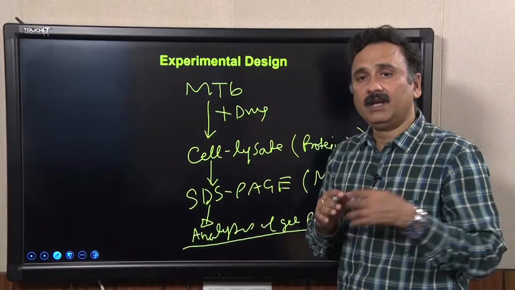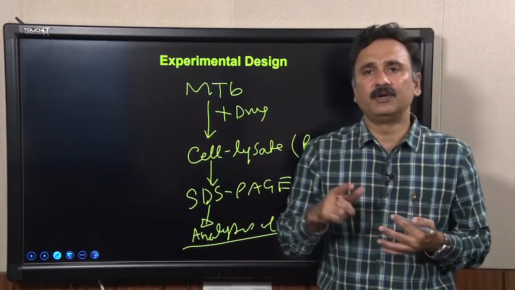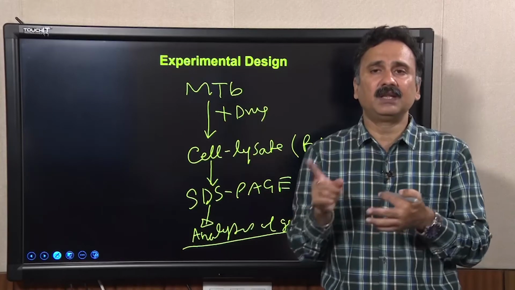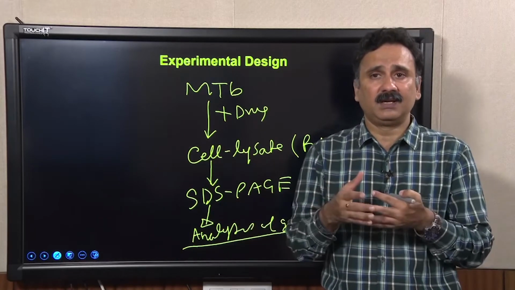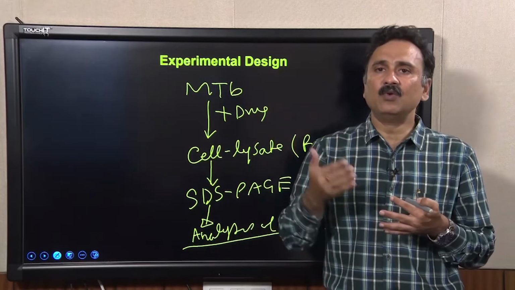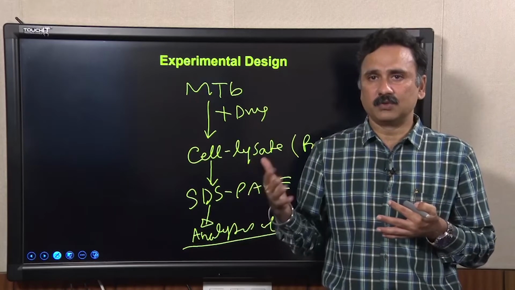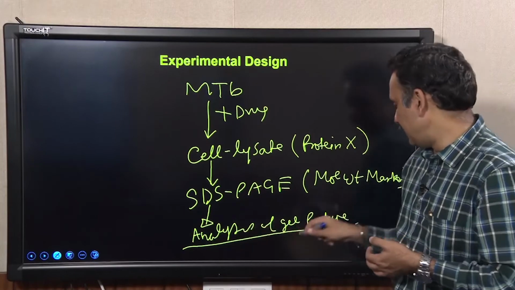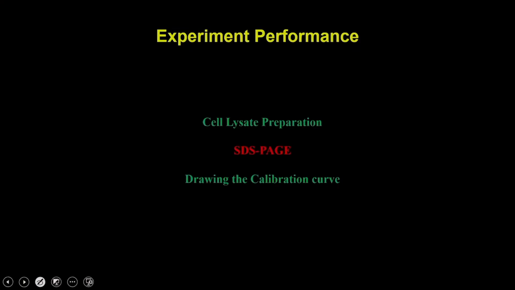If you remember, in the previous module we also discussed how to do the image analysis, how to determine the concentration of a particular enzyme or protein, and how to determine the molecular weight also. So, now you analyze the gel picture.